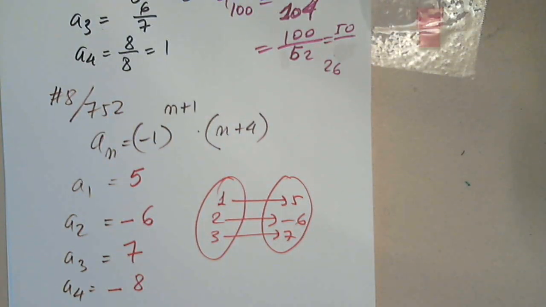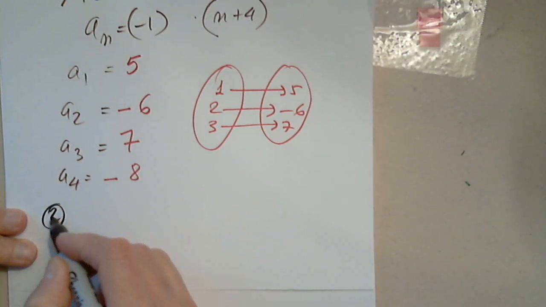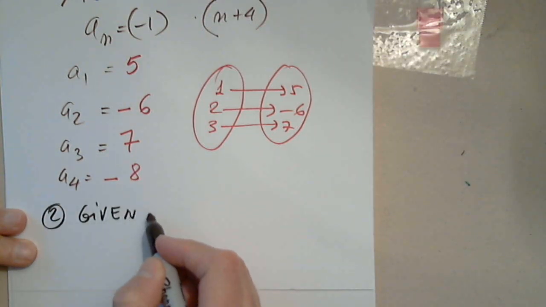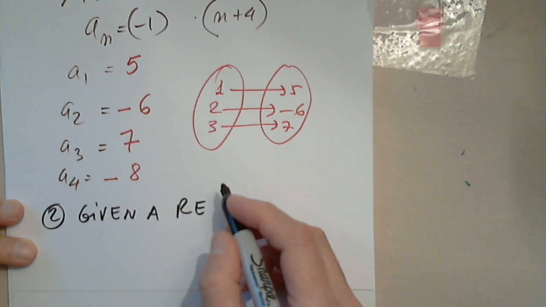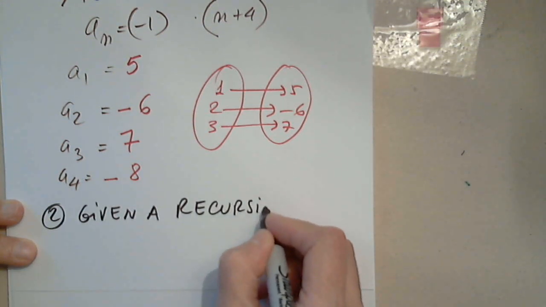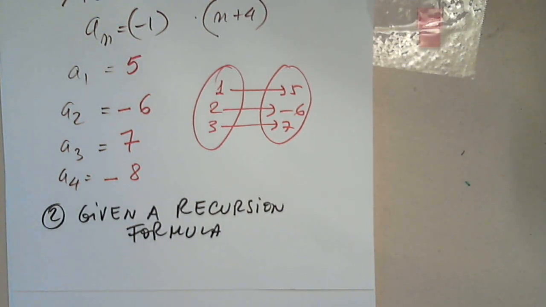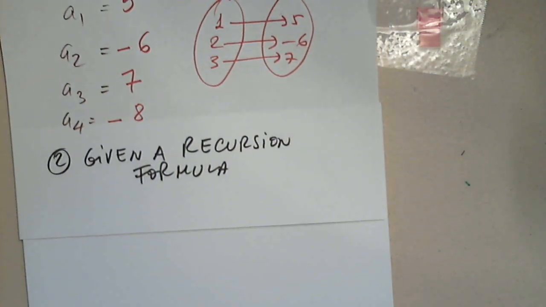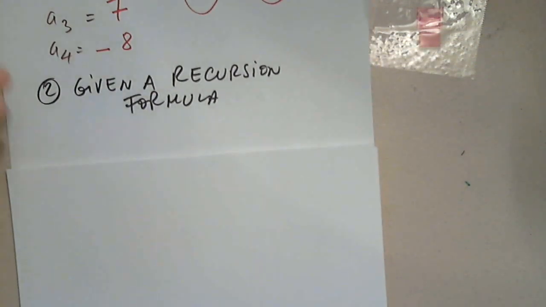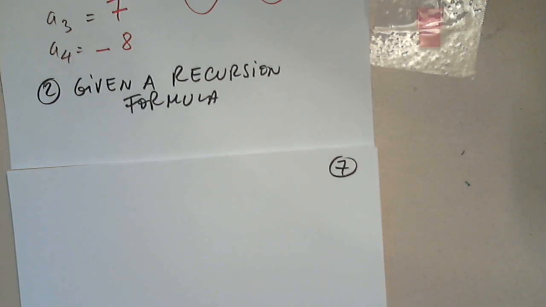And here's the second possibility, when we are given what it's called a recursion formula. We're not given the general term. We're given something that resembles the general term, but it depends on the previous terms. So I'm looking at an example.